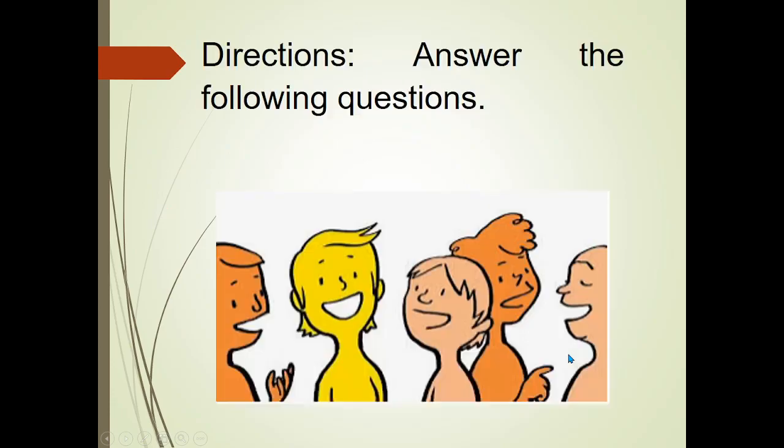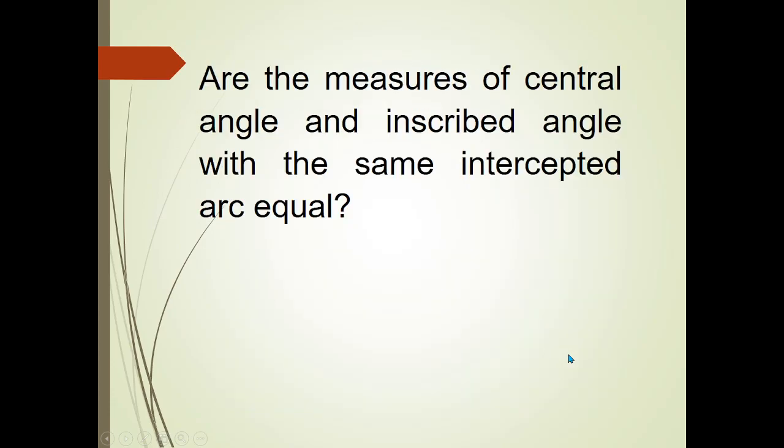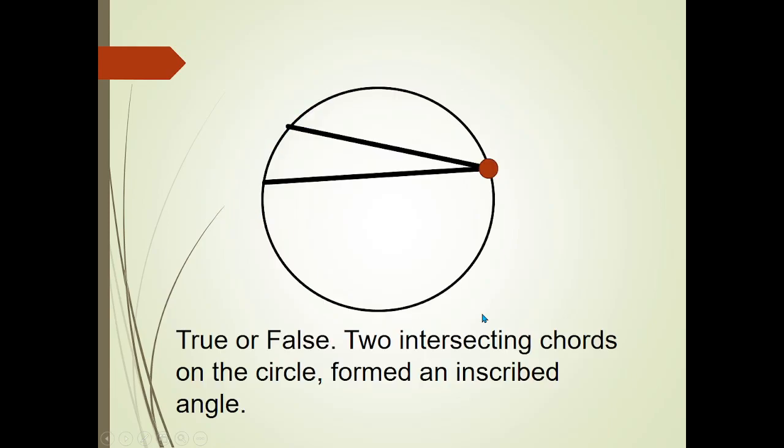So try this. Are the measures of a central angle and an inscribed angle with the same intercepted arc equal? The answer is no. One is equal to the arc, the other is half. True or false: two intersecting chords on a circle form an inscribed angle? Yes, it's true because you see this one, it formed an inscribed angle.